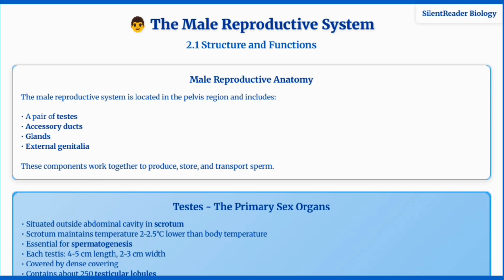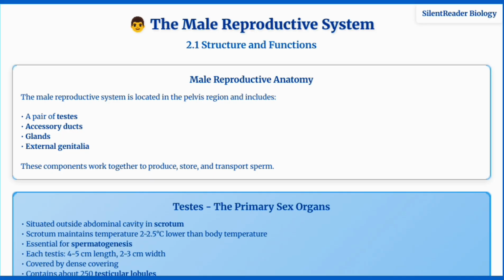Each testis is oval-shaped, about 4 to 5 centimeters long and 2 to 3 centimeters wide, covered by a dense protective covering. Internally, each testis contains approximately 250 compartments called testicular lobules. Within these lobules are highly coiled seminiferous tubules where sperm production actually occurs.